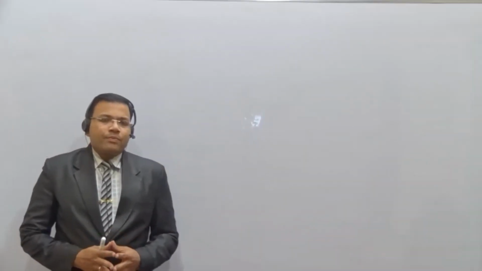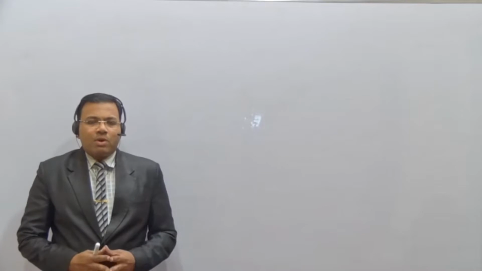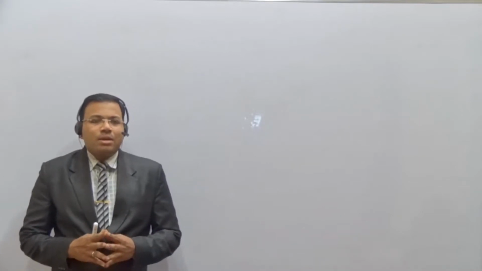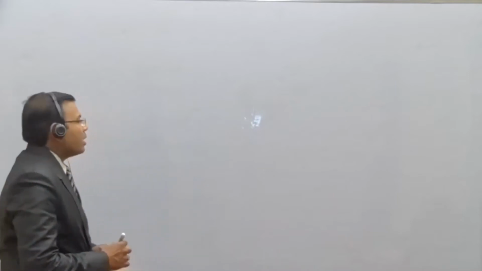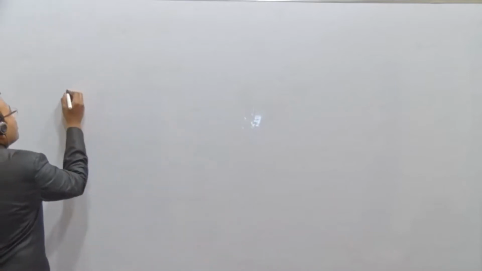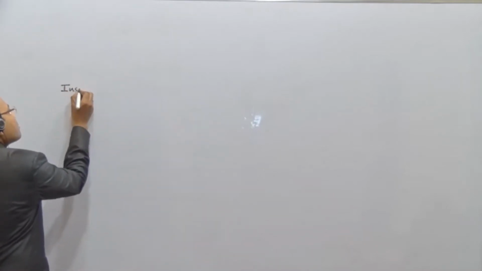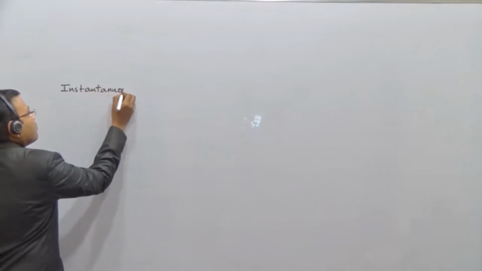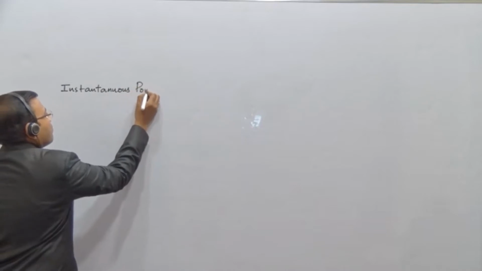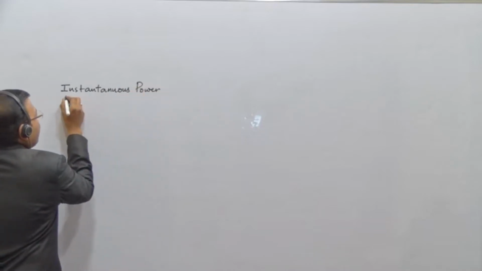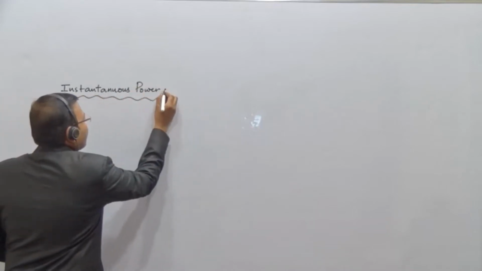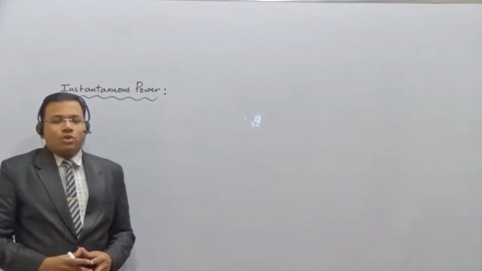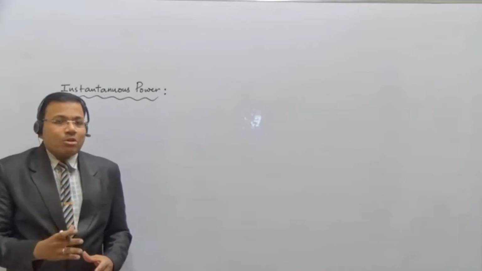Now, students, we go for the types of power. The first type we are discussing is the instantaneous power. So let us see what is an instantaneous power. It is power at the particular instant of time, like we have instantaneous velocity.